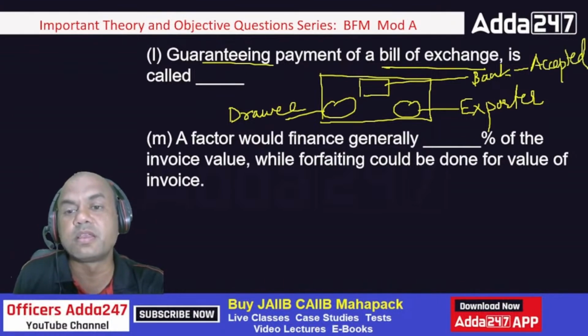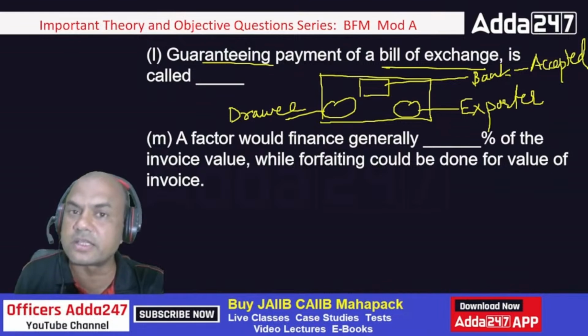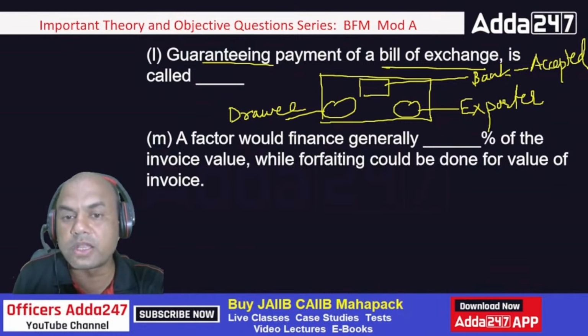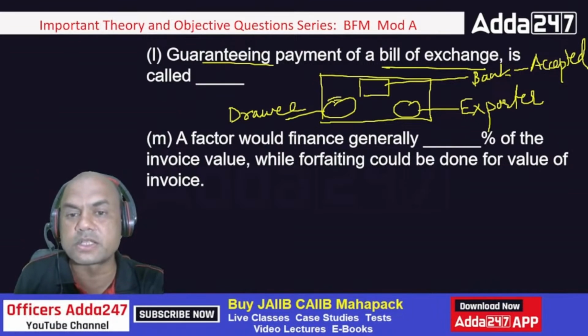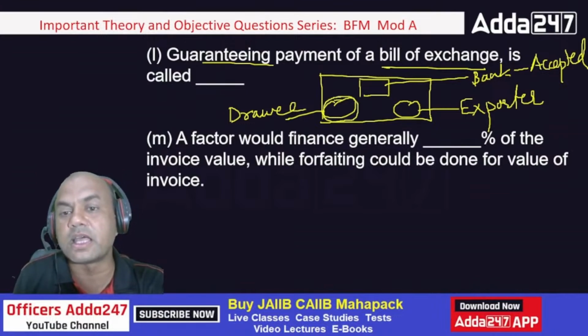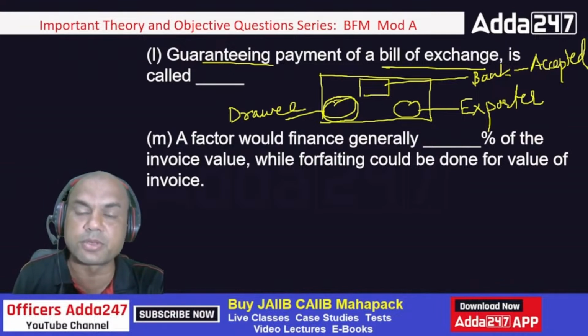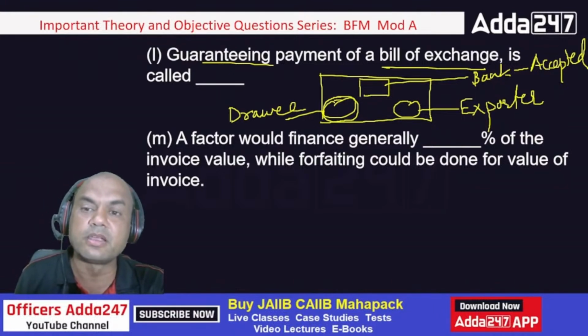What does this mean? When bank writes the stamp accepted over here, it means that bank is guaranteeing this bill of exchange, saying that on due date, if this guy doesn't pay, this drawee doesn't pay, then I will pay. Mean this is a secondary liability. This guy has to pay first. If this guy doesn't pay, then bank will pay.